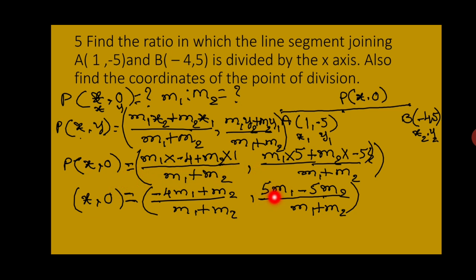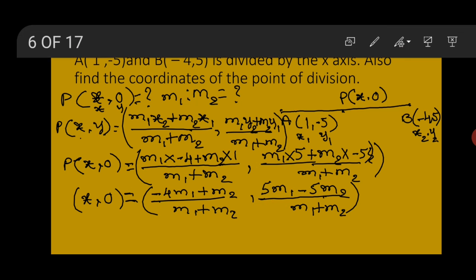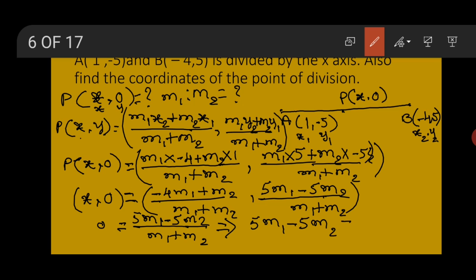So here we can understand x coordinate is equal to x coordinate and y coordinate is equal to y coordinate. First I will solve the y coordinates, that is y coordinates are equal. So equate 0 is equal to 5m1 minus 5m2 divided by m1 plus m2, right?